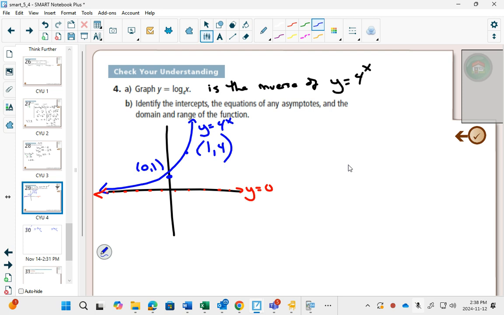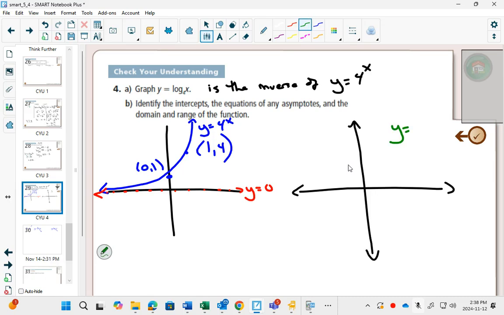And if we go back to chapter 3 and we think about inverses, what did inverses do? They just switch the x and the y coordinates everywhere. So now if I want to graph y equals log base 4 of x, well, instead of 0, 1, we're going to find out that all log graphs have the point 1, 0.